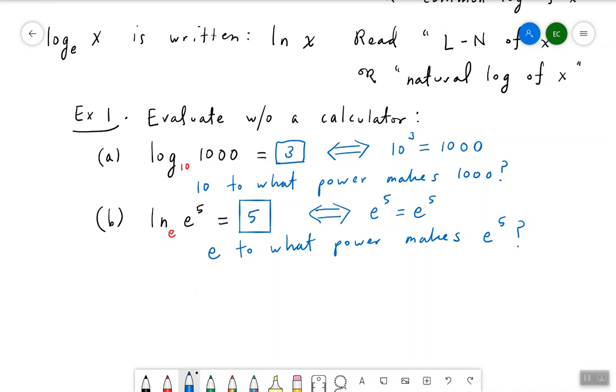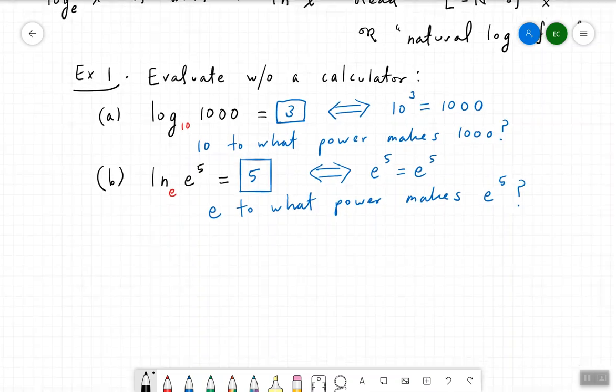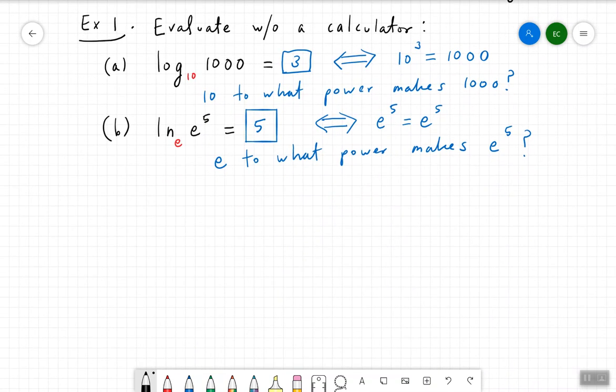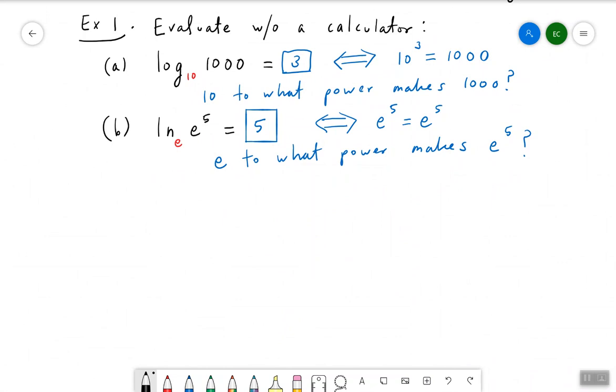Okay, so now let's go on and let's do a couple more examples with a calculator. We just want to make sure that we're able to evaluate a log on a calculator.